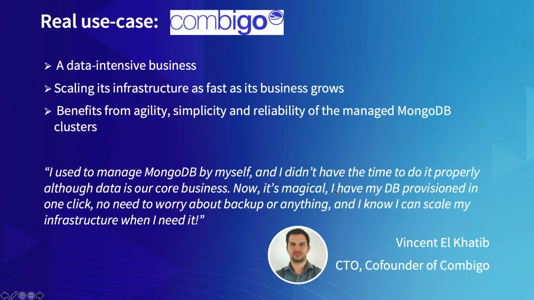If we move to the next slide, we'll dive a bit into their challenges. This is a data-intensive business because their core business is really to scrape a lot of data. Today they have 400 to 500 million documents on MongoDB, and they have about 3,000 to 4,000 queries per second.